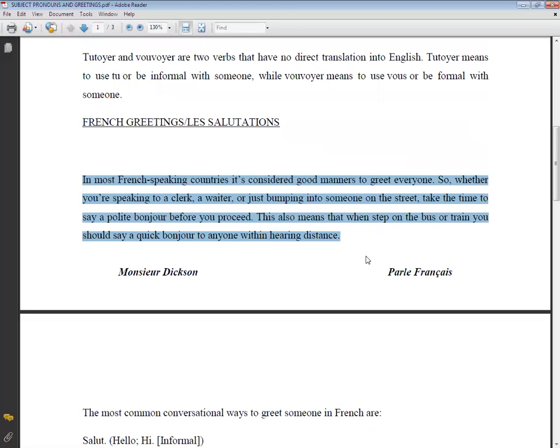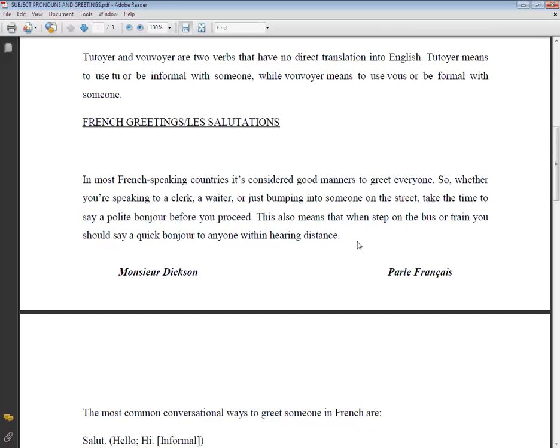This also means that when you step on the bus or train, you should say a quick bonjour to anyone within hearing distance. You get that? It is just good manners to say hi to someone. It doesn't cost you anything to greet someone. And that is why we are told it is considered good manners to say hello to someone.